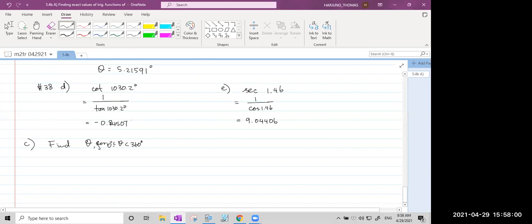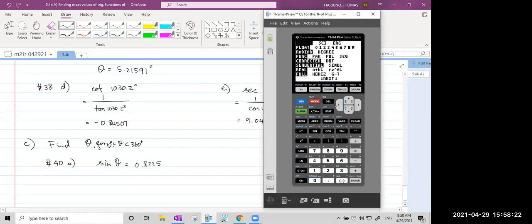Let's say for number 48, we have sine theta equals 0.8225. Let's say the theta is in degrees, so I change my mode back to degree.